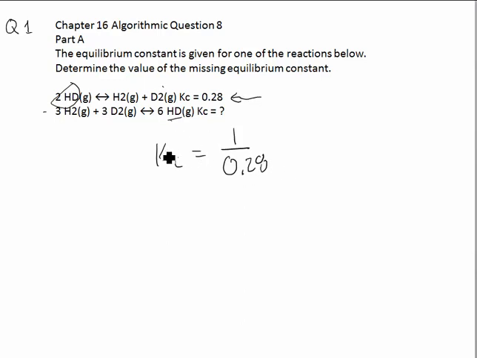And then in fact, for example, we have to end up with 6 HDs. That means we have to multiply by a factor of 3. And that means the whole thing has to be raised to the 3rd power. So if that's done, the answer turns out to be one of the choices given, and that's problem 1.